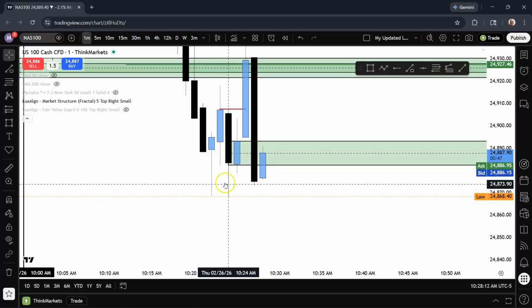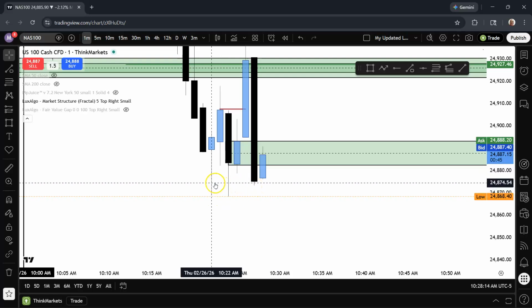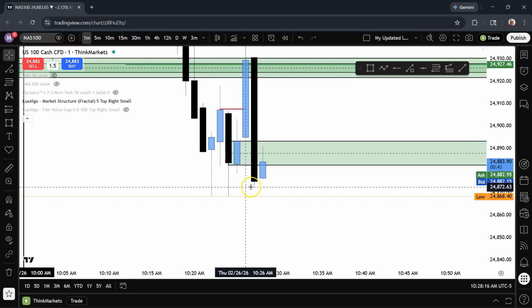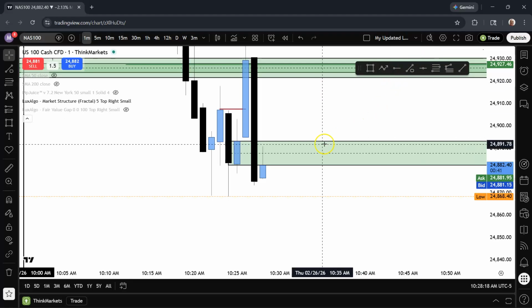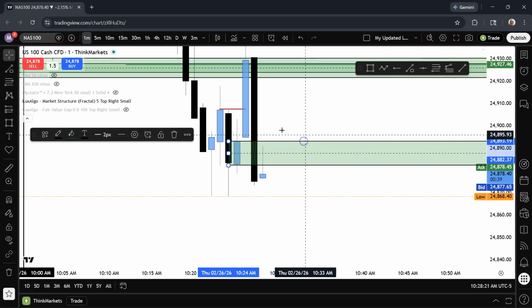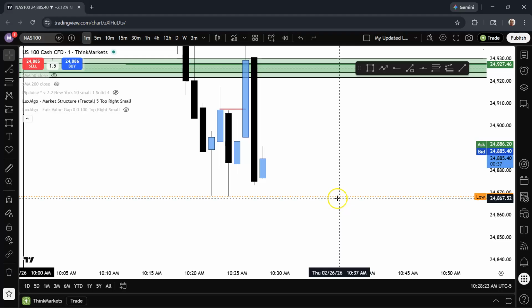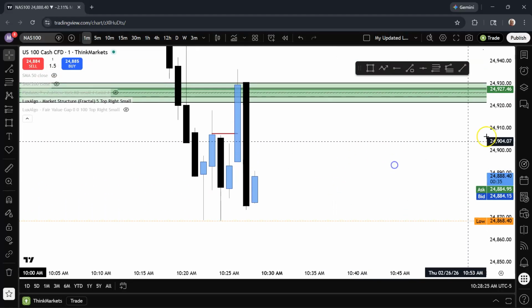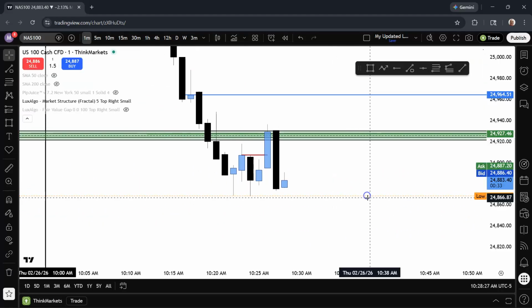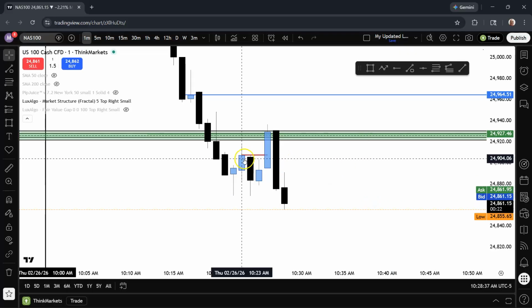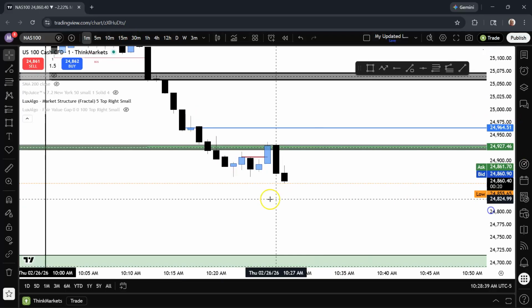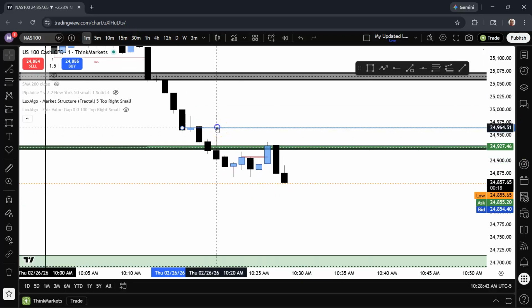So these two lines were liquidity, so it went down and touched and grabbed some liquidity. So no trade. Alright, so it went lower.